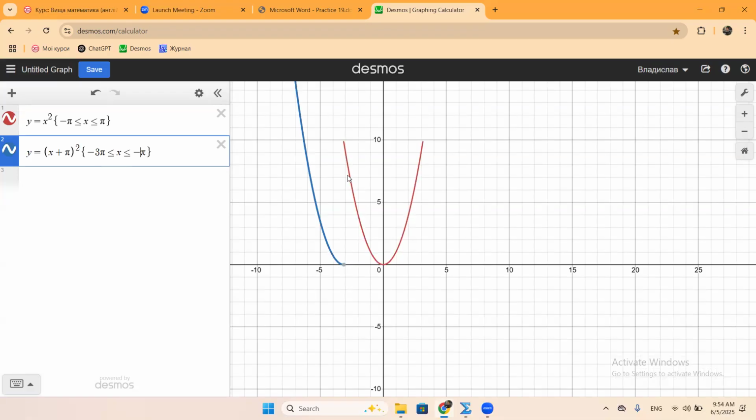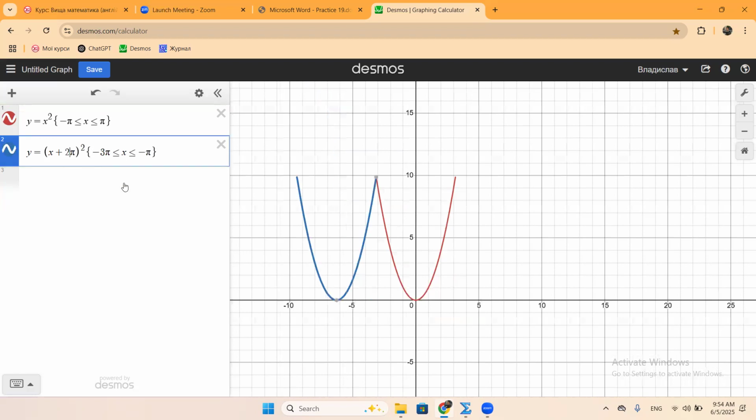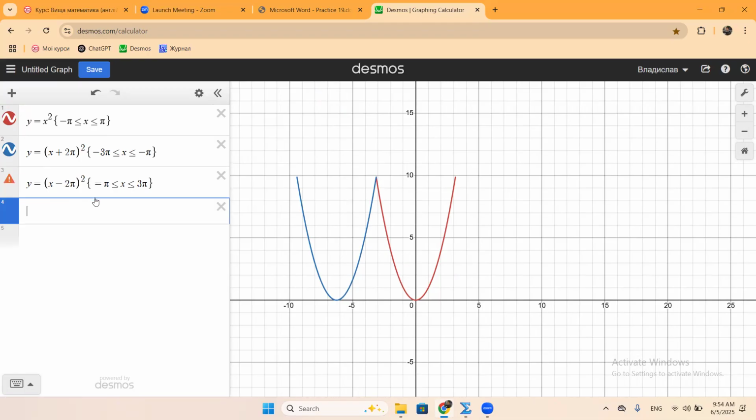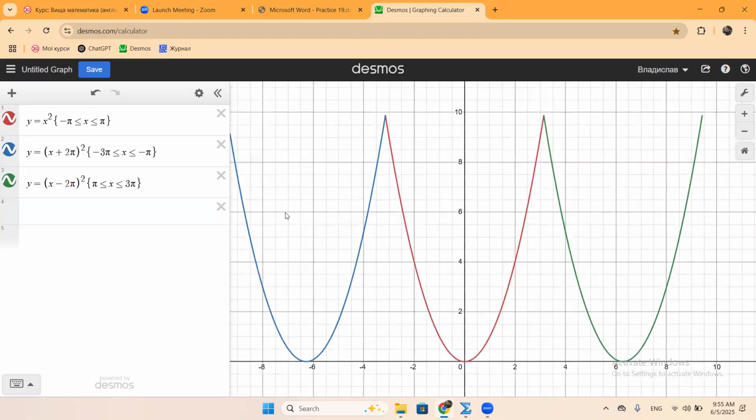What's going on? Ah, 2p. Yeah, I must shift by the period. And let's also draw it here. So minus 2p, and here will be from p to 3p. So that's how we plotted this curve.